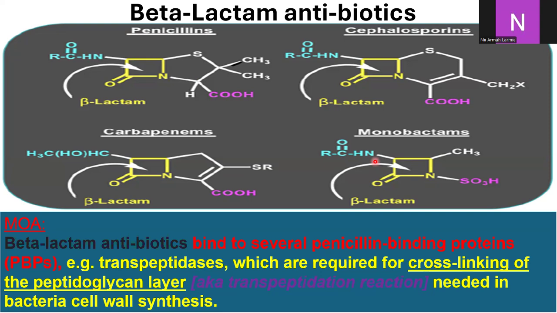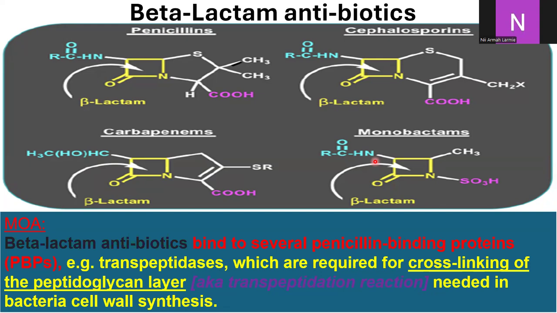The activity that the enzymes carry out when bacteria are forming the cell wall is named after them: the transpeptidation reaction, the reaction caused by the transpeptidase enzyme, or penicillin binding proteins.